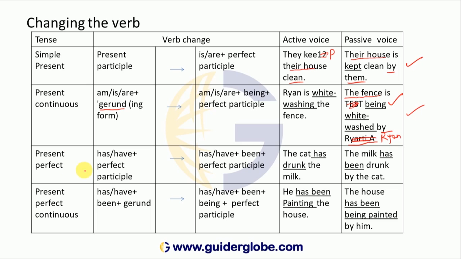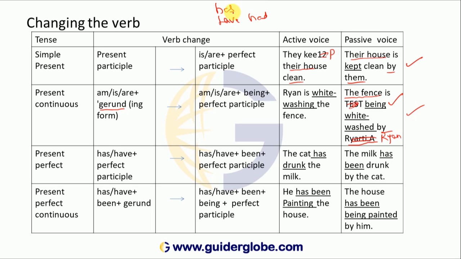Present perfect. How to identify a sentence as perfect? Present perfect, past perfect. How to find out? If you notice the word has, have, had, then it contains perfect.